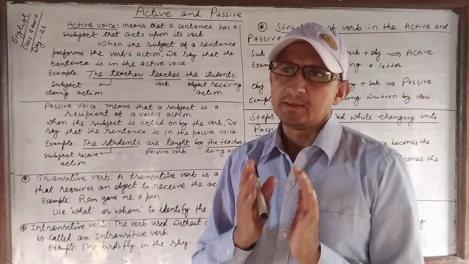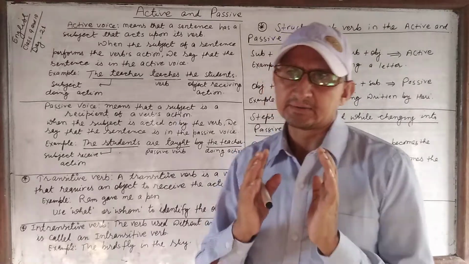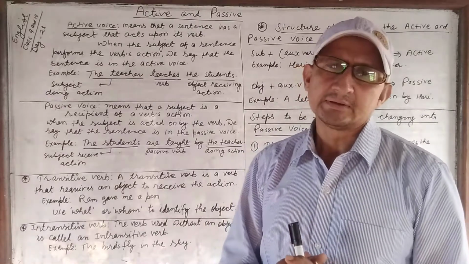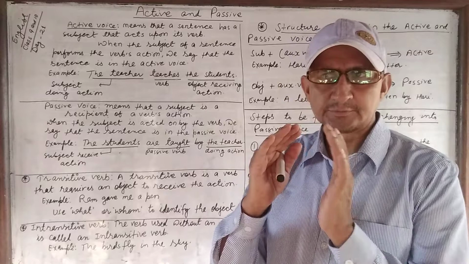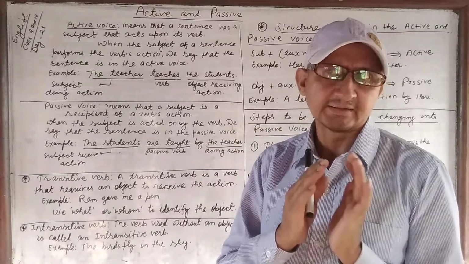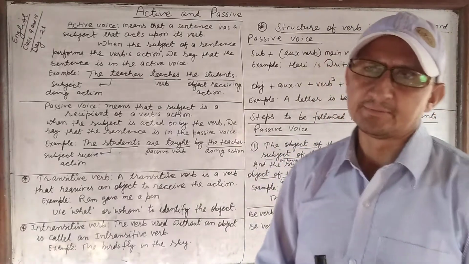Generally, active voice having a transitive verb can only be transformed to passive. Transitive verb can have both active and passive forms.